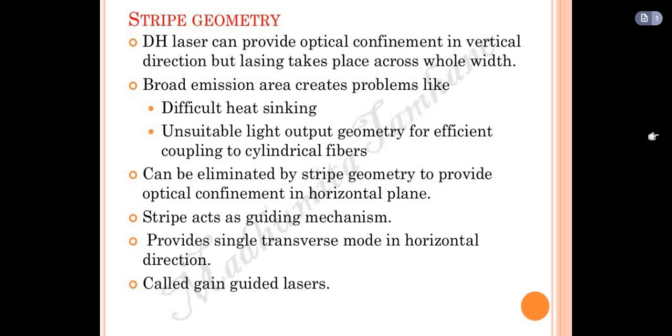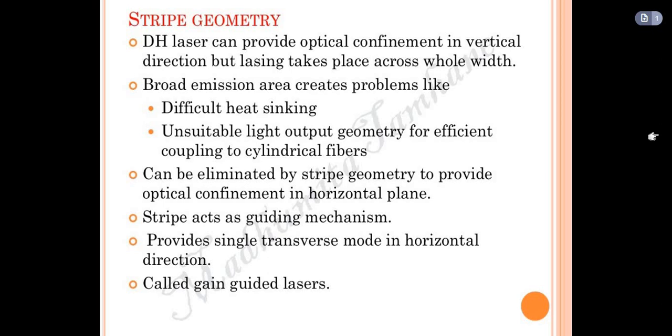The third point to understand is that we can use strip geometry to provide optical confinement in the horizontal plane as well, eliminating the problem in the horizontal direction. Clear? What is a strip all about?